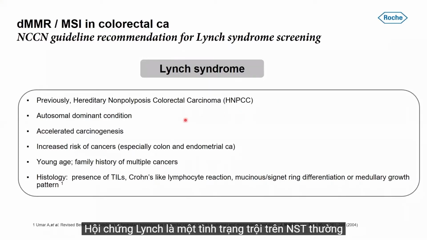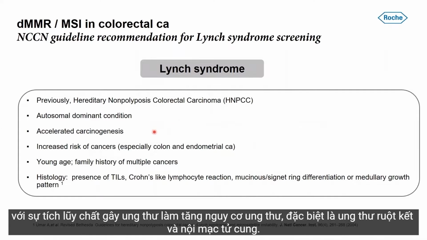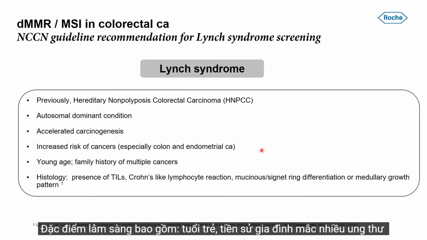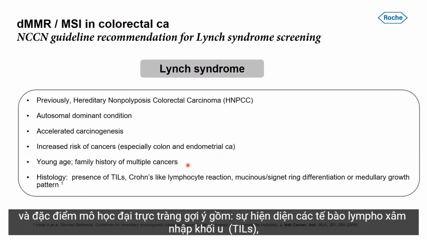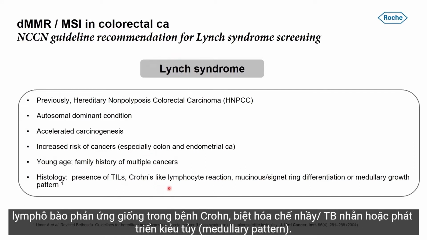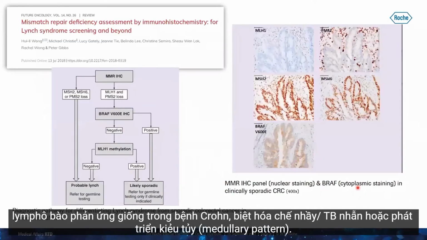Lynch syndrome is an autosomal dominant condition with accelerated carcinogenesis, increased risk of cancers, especially colon and endometrial cancer, and the clinical background, including young age of the patient, family history of multiple cancers, and the suggestive colorectal histology that includes the presence of tumor-infiltrating lymphocytes, Crohn's-like lymphocyte reaction, a mucinous or signet ring differentiation, or the medullary growth pattern.